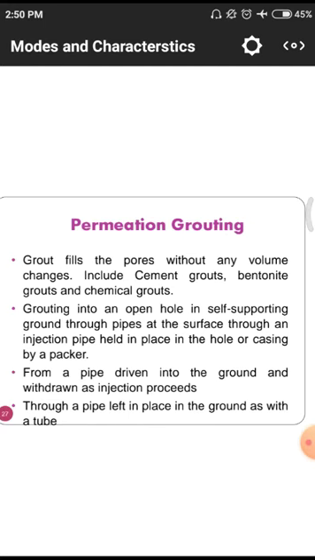The third one is from a pipe driven into the ground and withdrawn as injection proceeds. And the last one is through a pipe left in place in the ground, as with a tube. These are the 4 points involved in permeation grouting.